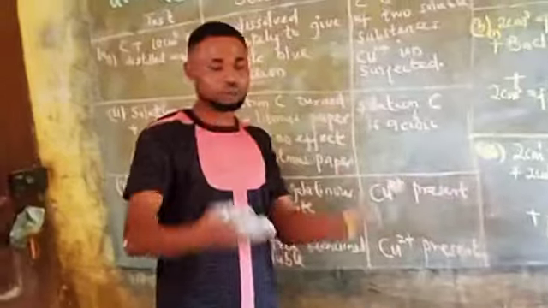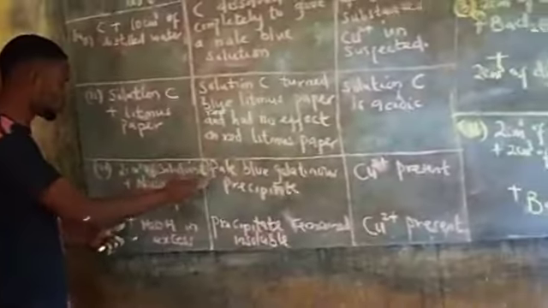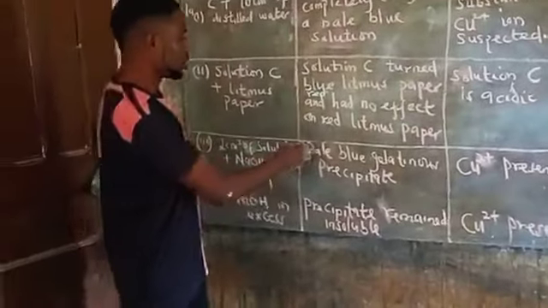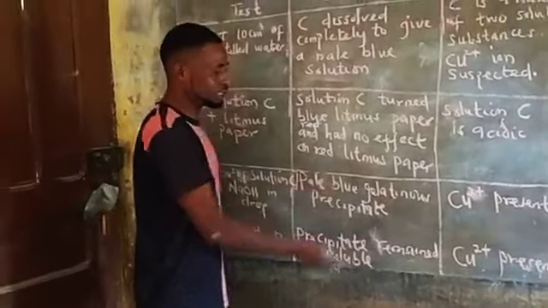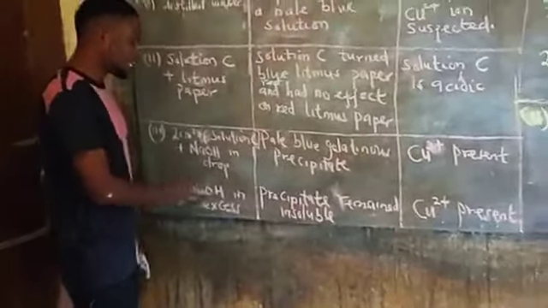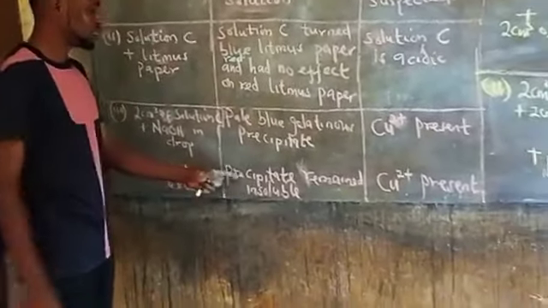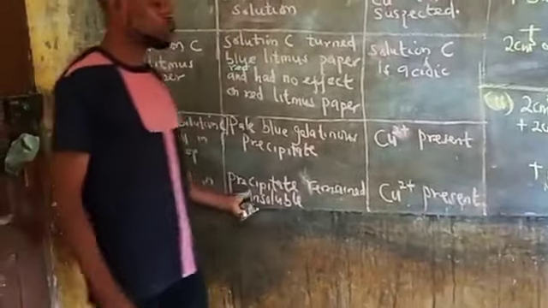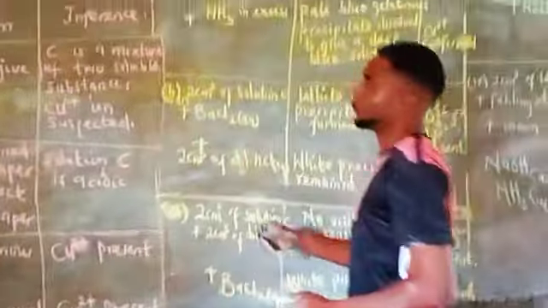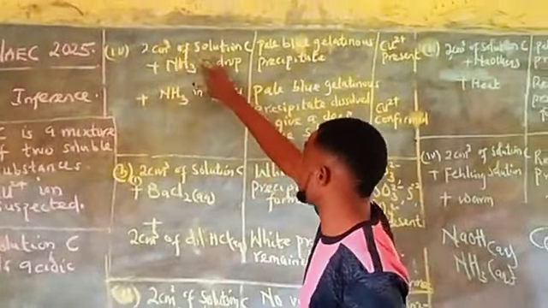Now the first one, 2 centimeter cube of solution C plus sodium hydroxide in drops, to get a pale blue precipitate. In excess, you try to add more sodium hydroxide, and the precipitate remains insoluble in excess. Then number 4, another portion of it, 2 cm cube of solution C.